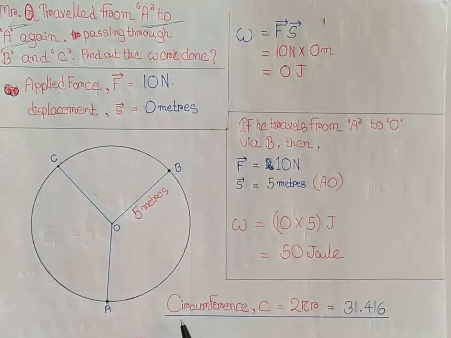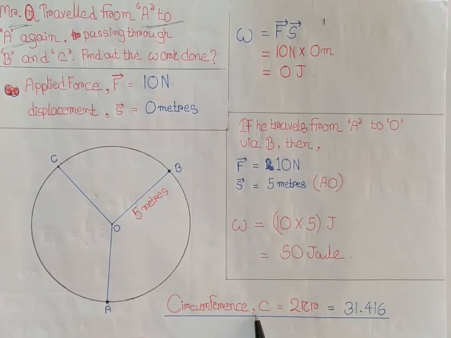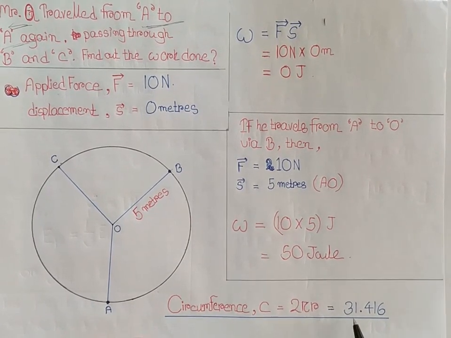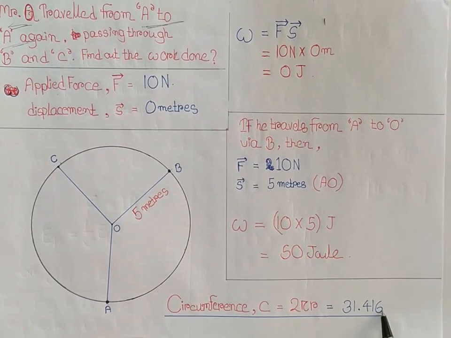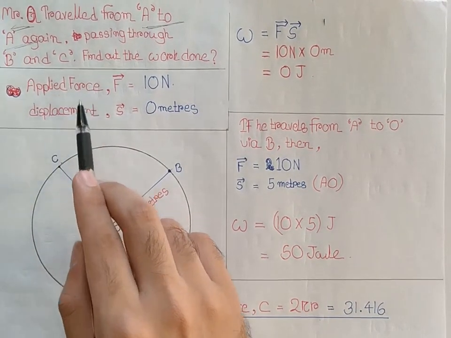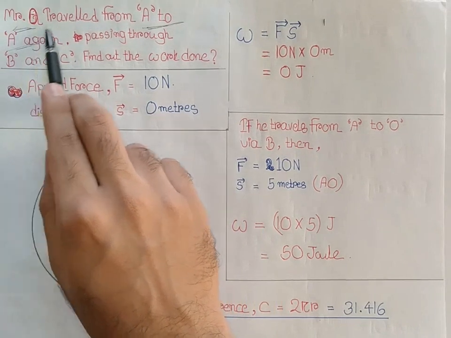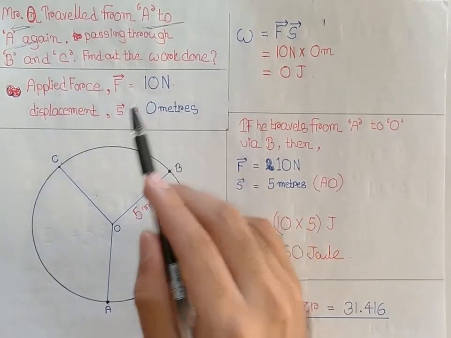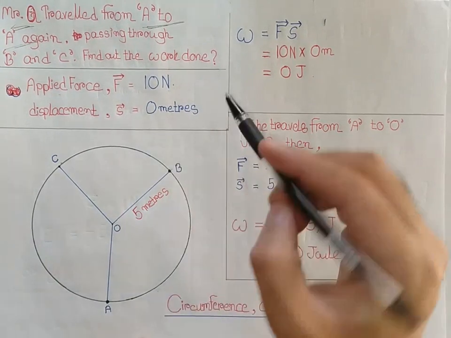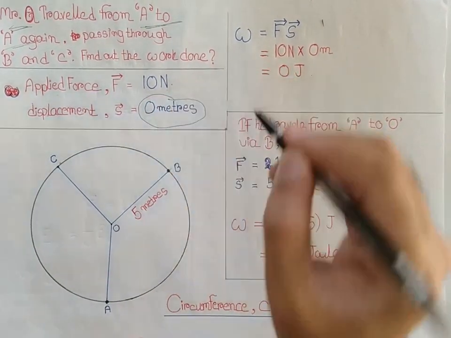Here it is given that circumference of the circle C equals to 2 pi r equals to 31.416. Is this required for finding out? No, there is no requirement of this. Here it is written applied force, which means the force applied by Mr. Q is 10 Newton and displacement is 0 meters. Now, why it is 0 meters?